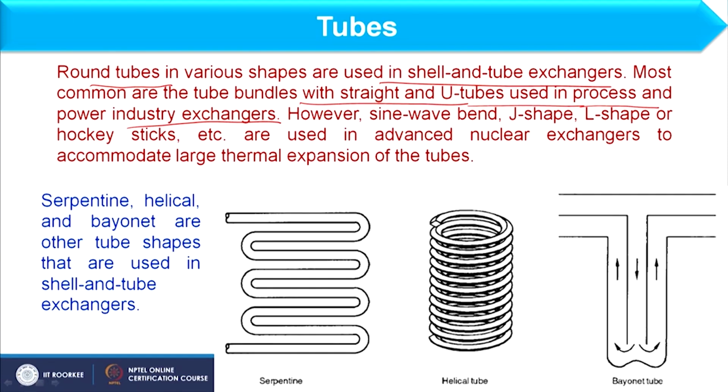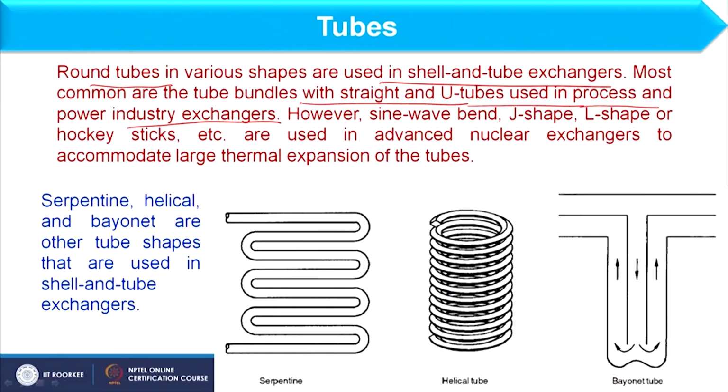Sine wave means the tube is like this. So, that is basically the sine wave bend. J shape or L shape or hockey stick. If you consider, a hockey stick is like this, so this type of tube is also used in special applications. And if you see this schematic, here we have serpentine, that is of this shape.